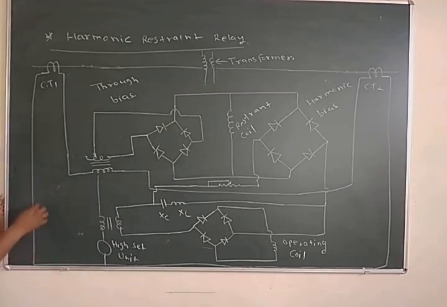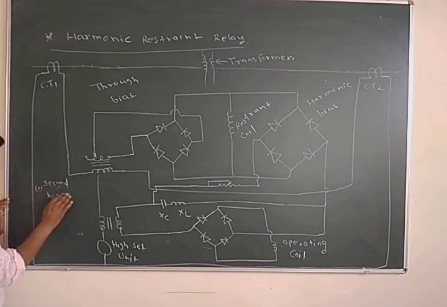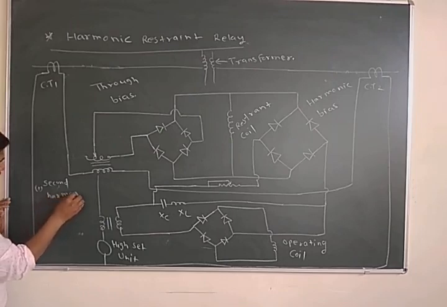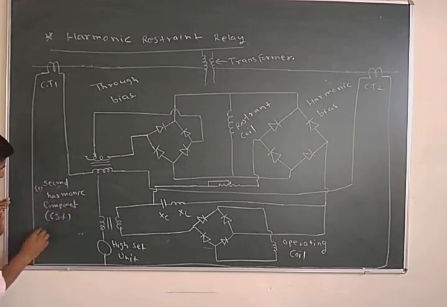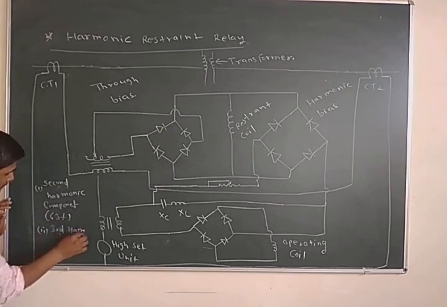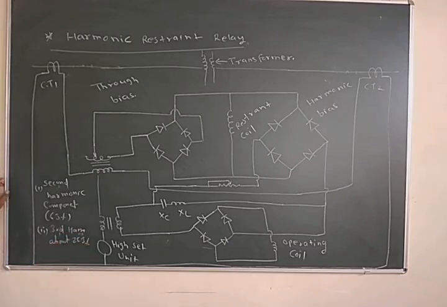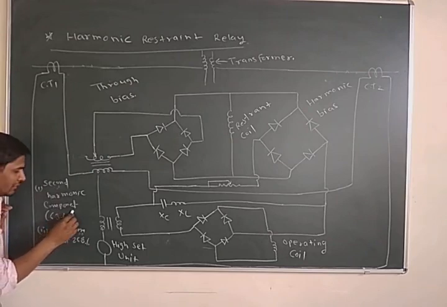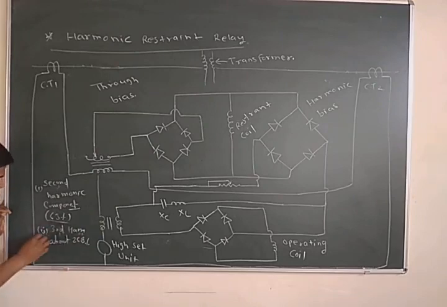One is the second harmonic component, which is the most frequent component in inrush current, about 63%, and the second is the third harmonic component, which is about 26.8%.